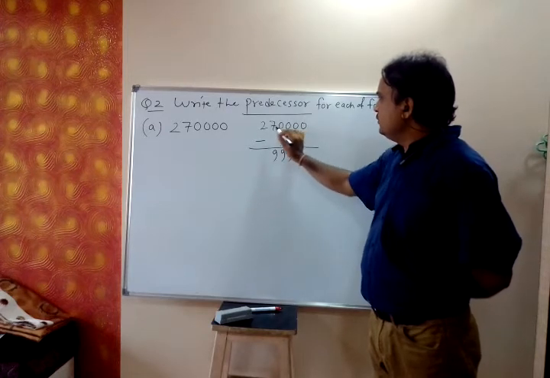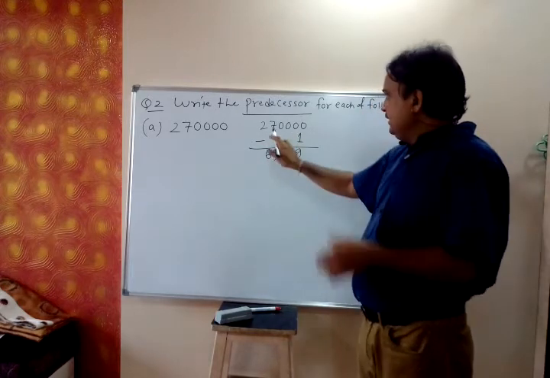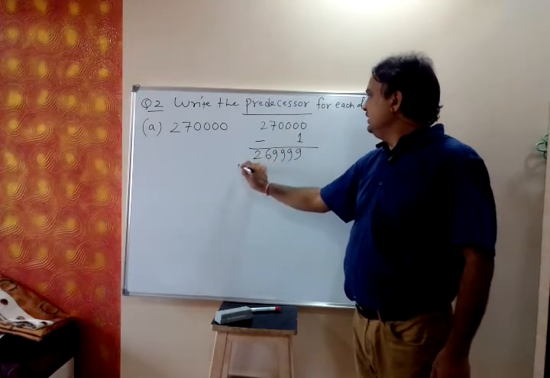Then 1 is borrowed there, so 6, 6 minus 0, 6, then 2 will remain 2 only, and this is the predecessor.